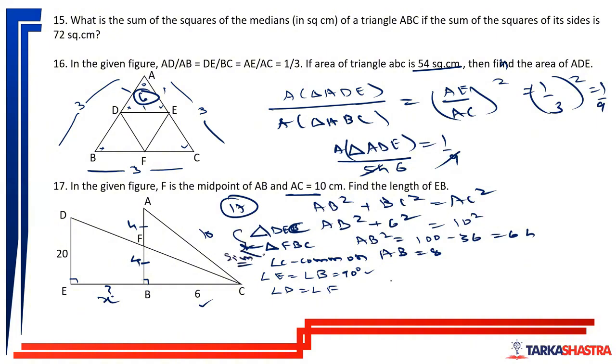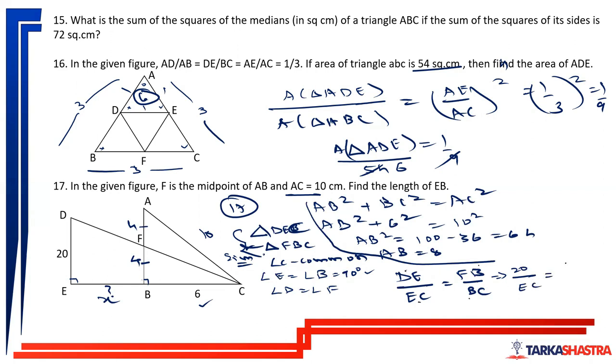What is the property of similar triangles? Their corresponding sides are in the ratio, which means DE upon EC will be equal to FB upon BC. DE is how much? 20. EC is what we need to find out. So DE and FB are corresponding sides, EC and BC are corresponding sides.